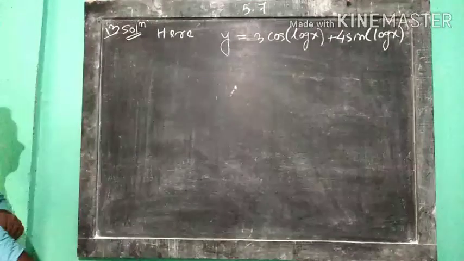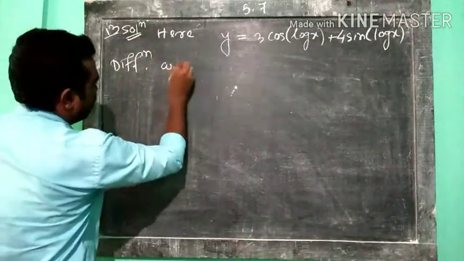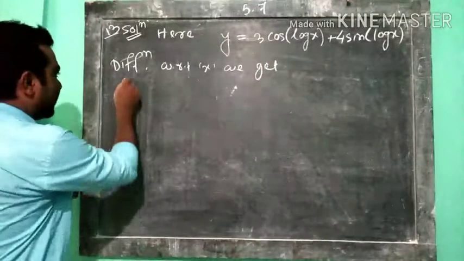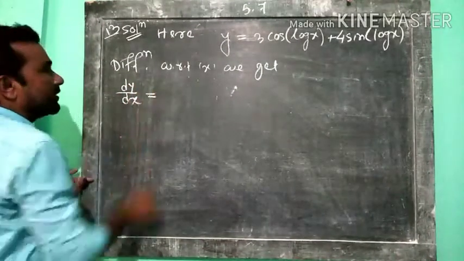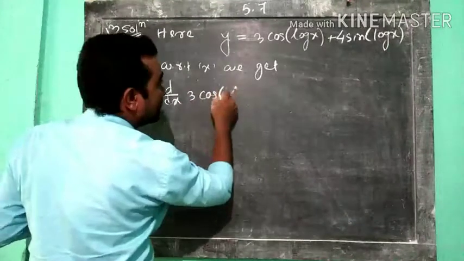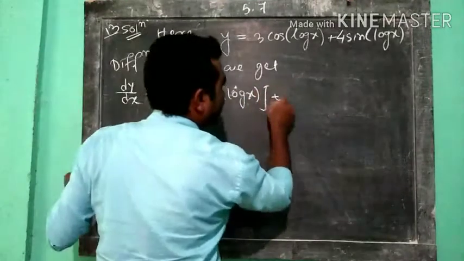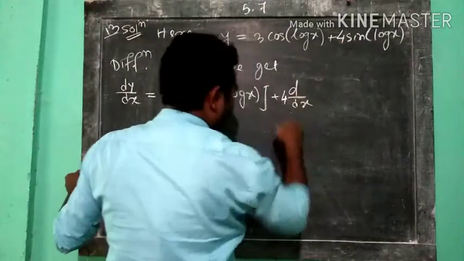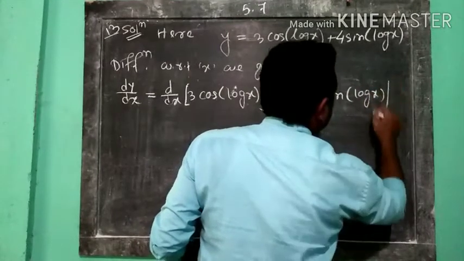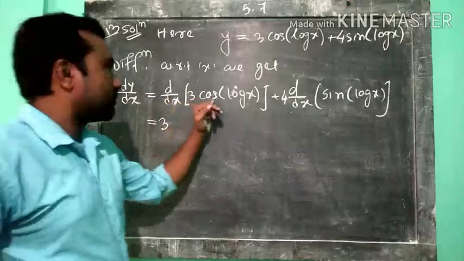Now if we differentiate this with respect to x, then we have dy/dx equal to d/dx of 3 cos log x plus d/dx of 4 sin log of x, where 4 is a constant. 3 is a constant, so we differentiate cos x.